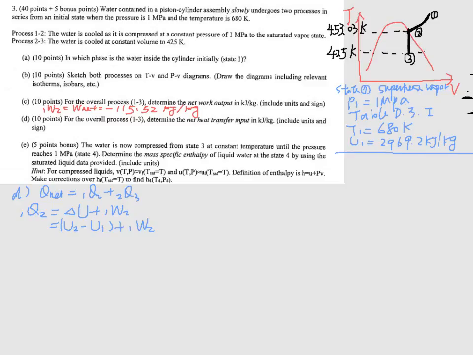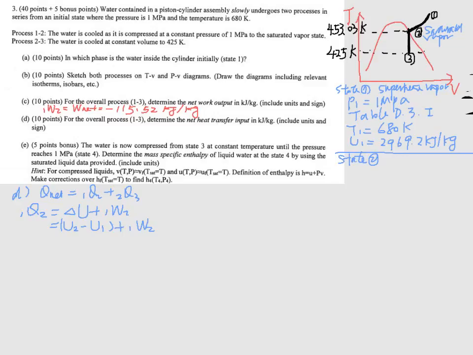Very similarly, we're going to do the same thing for state 2. But instead of looking at the superheated vapor table, we're going to go back to our saturation table, because if you look at state 2, it's right on the vapor dome, so that's when it's a saturated vapor.